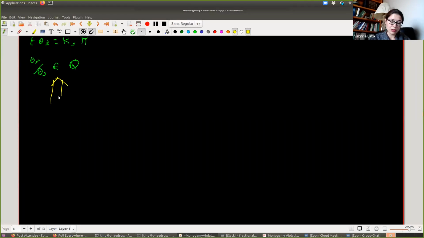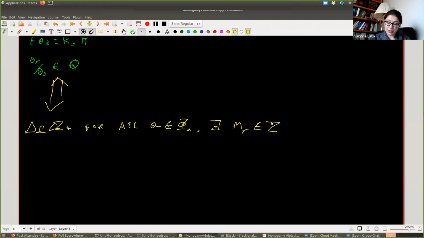We can show that this is true through some algebraic manipulation if and only if there exists some square free integer delta such that for all eigenvalues in the eigenvalue support, there exists some integer M r so that theta r is some integer multiple of the square root of minus delta.